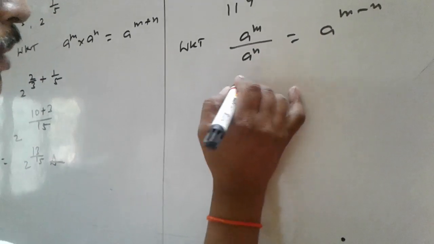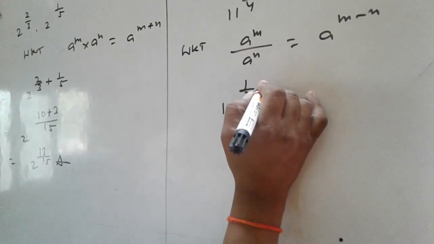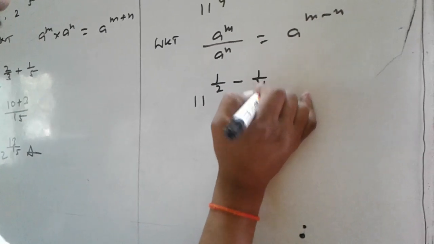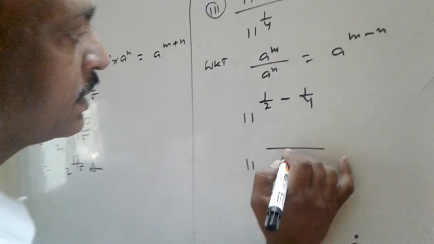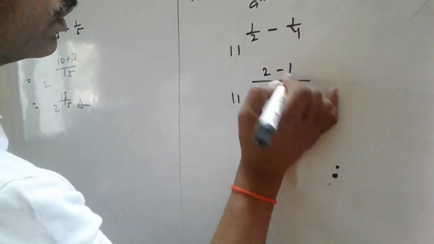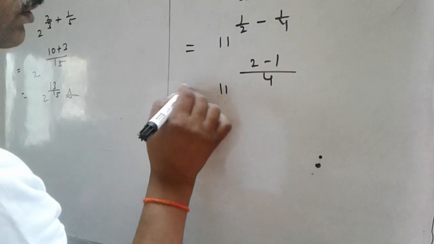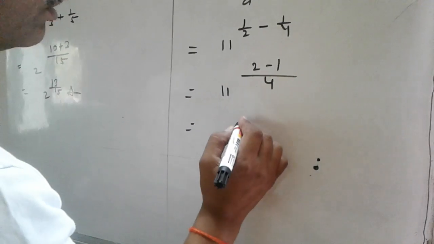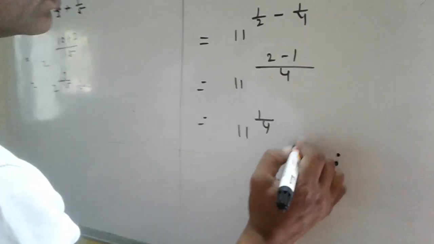Using this formula you can solve this. 11 to the power 1 by 2 minus 1 by 4. LCM is 4, 2 minus 1. So it is 11 to the power 1 by 4. Okay.